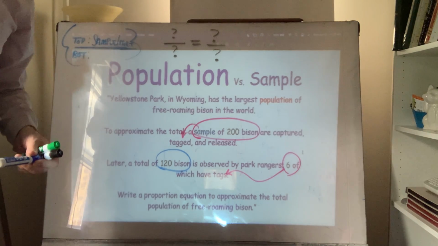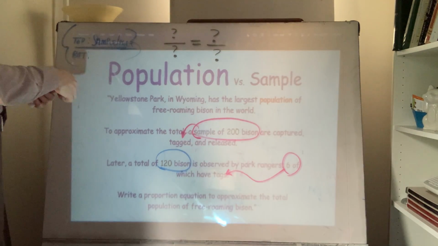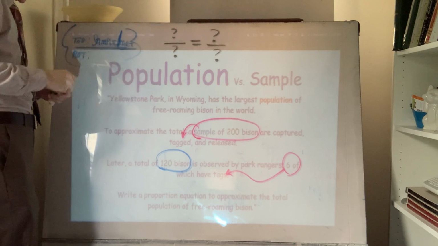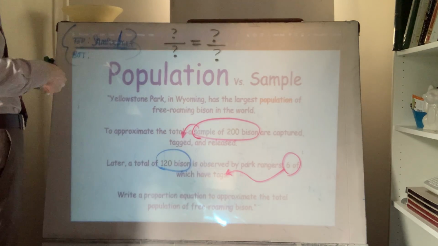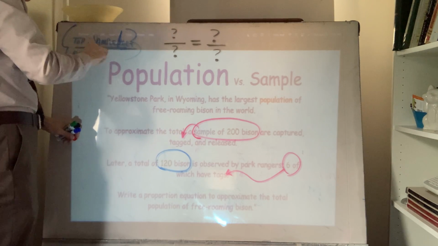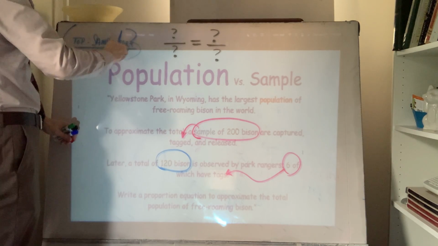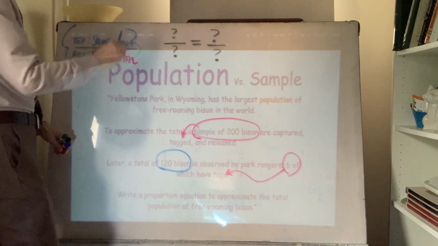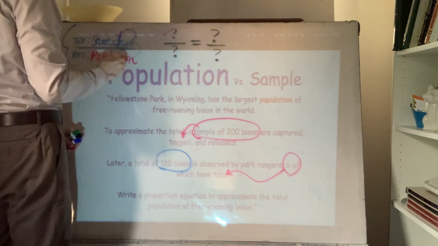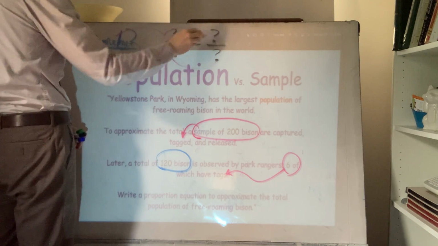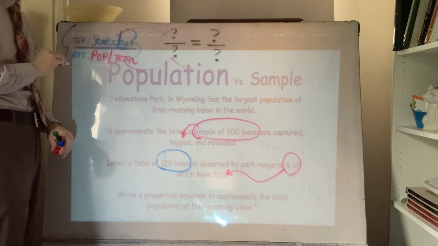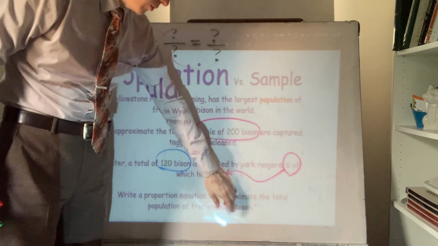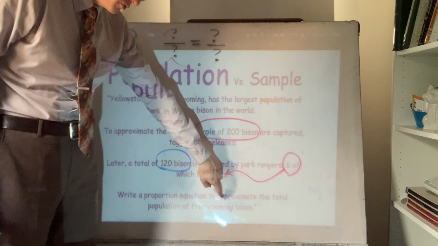Okay. The top will be a sample or some part of the whole, and the bottom will be the population, ideally, or the total. The whole kit and caboodle. So as long as you're consistent, divvy up the top here and the top here in the same way. The question is designed to approximate the total population of free roaming bison.